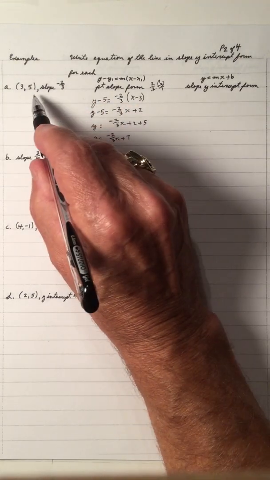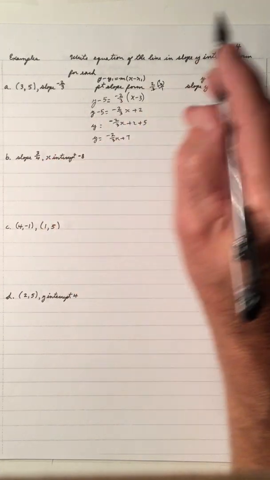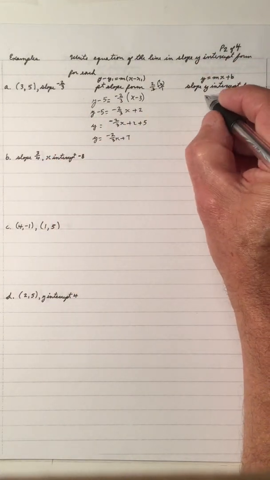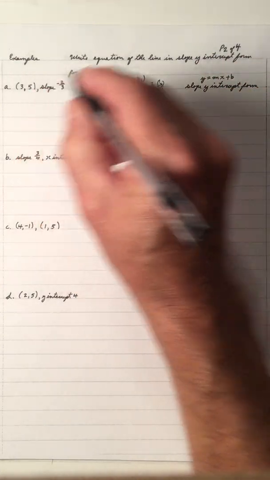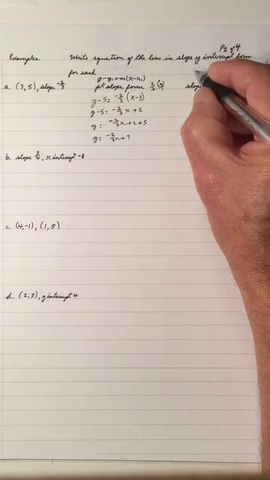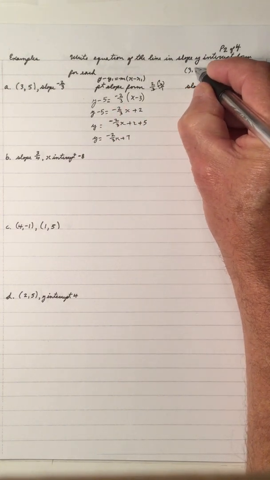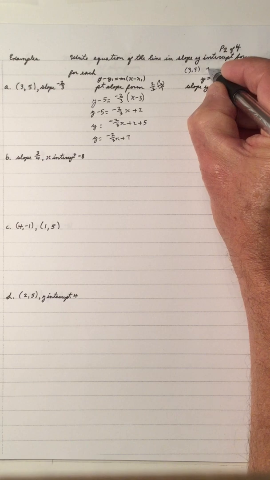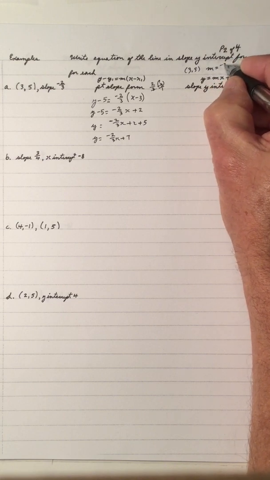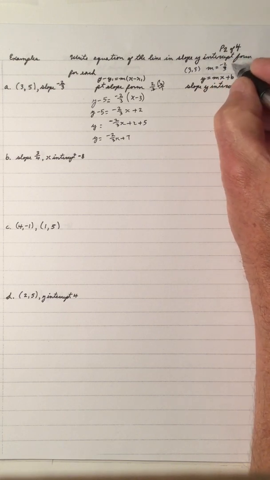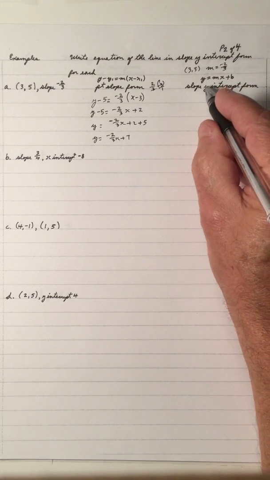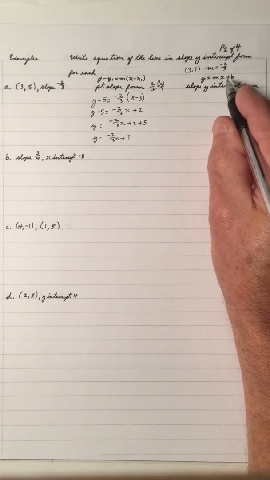But if I take this info and plug it directly into the slope y-intercept formula, then we have a point, which is, let's write it here, (3, 5), and we have a slope of negative 2/3. So notice, if I plug that information into here, I only have one unknown.